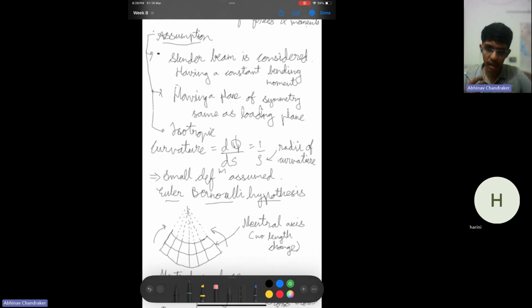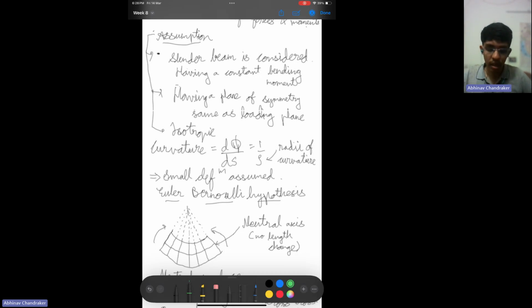Phi is the angle made by the member when it is bent. I'll have to show it in a diagram, but this is fine. And this is equal to 1 by rho, where rho is the radius of curvature.